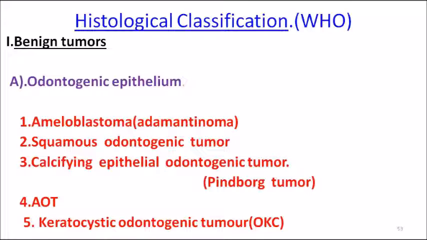In the previous lecture I mentioned that OKC, odontogenic keratocyst, is nowadays being reclassified as a tumor. So OKC is now called keratocystic odontogenic tumor, and it is put under this category of benign tumors of odontogenic epithelial origin.